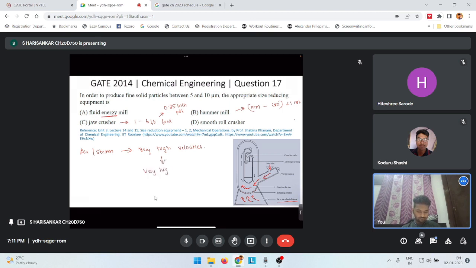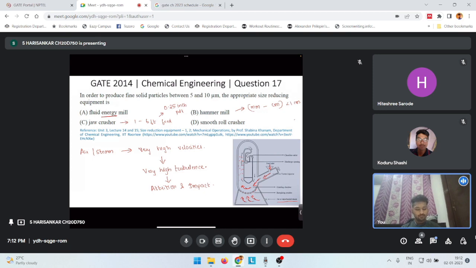turbulence. And because of this very high turbulence, the particles inside this fluid energy mill will vigorously come in contact with each other and will undergo various attrition and impact forces.